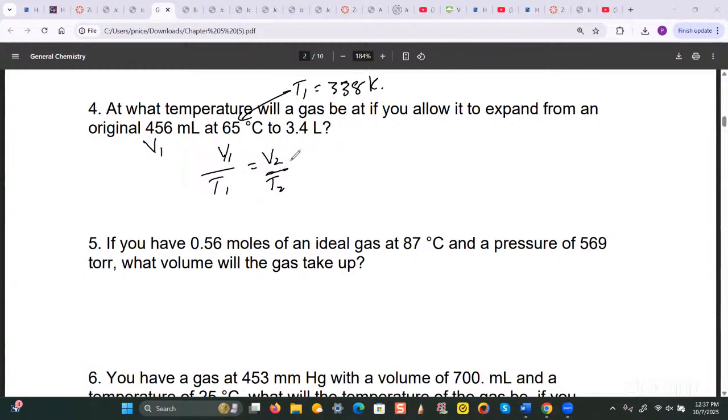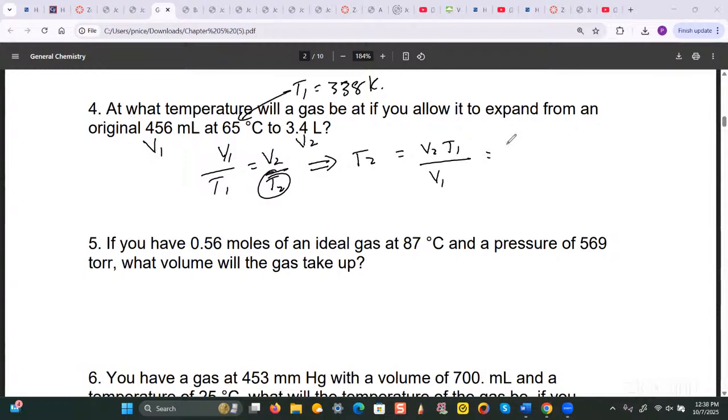All right, and then what is V2? 3.4 liters, all right? And the question is asking for T2, right? So how would you arrange this to get T2? T2 equals V2 times T1 over V1. Exactly.